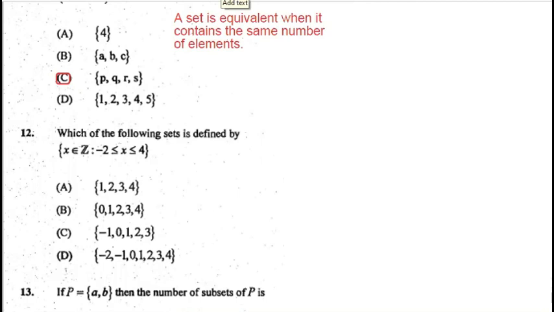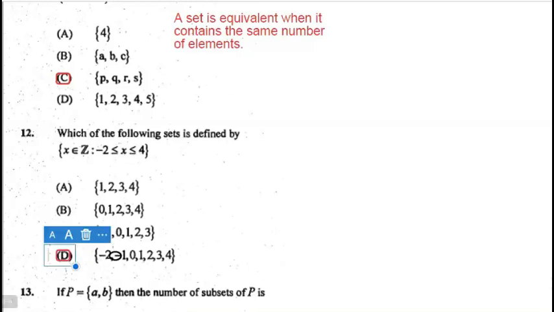So, looking at this range of numbers, the only one that will allow x to be equal to -2 and at the same time equal to 4, and all the numbers in between greater than -2 and at the same time less than 4, is D, where the first number is -2.